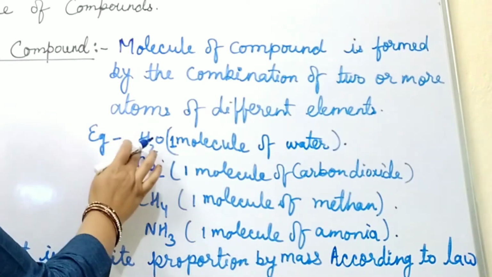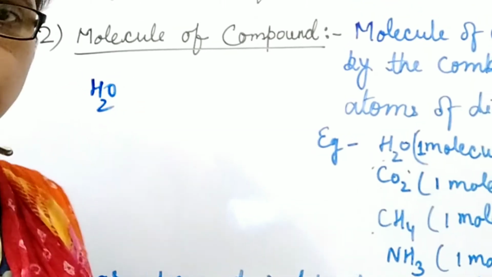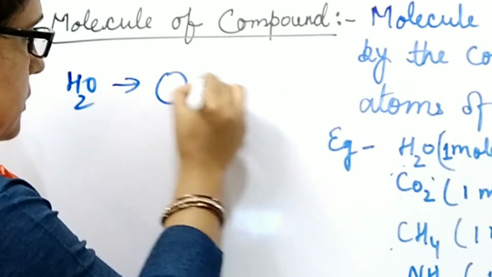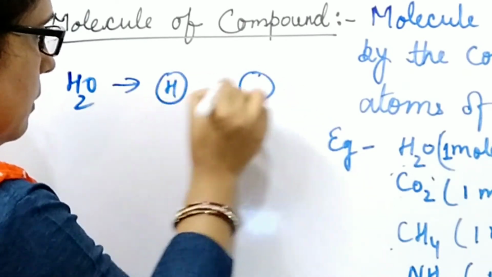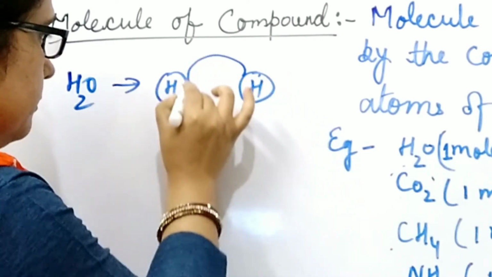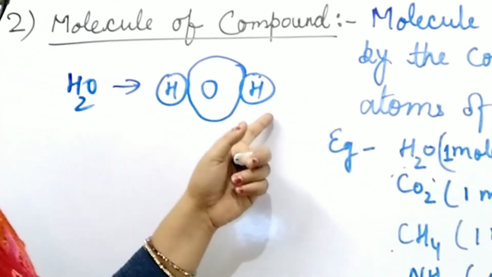In the case of water, one molecule H2O represents one molecule of water in which two hydrogen atoms are combined with one oxygen atom. This is the oxygen atom, these two are the hydrogen atoms.